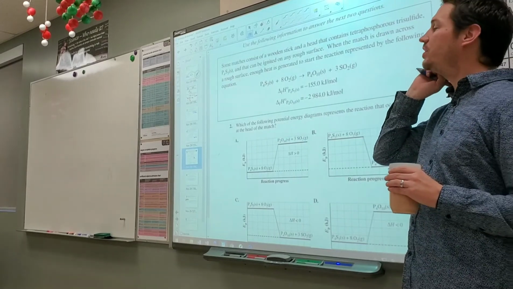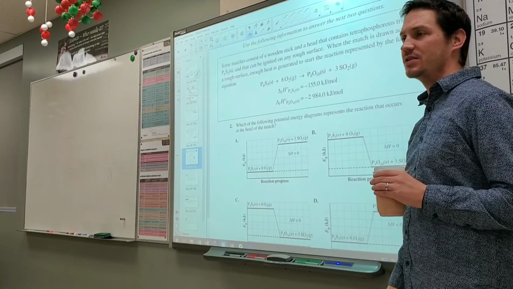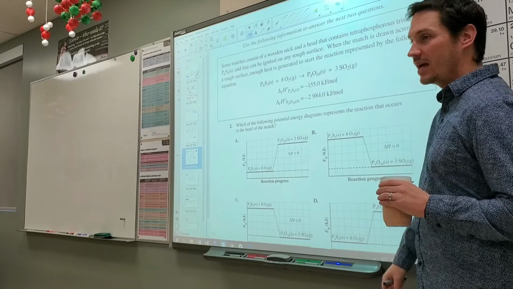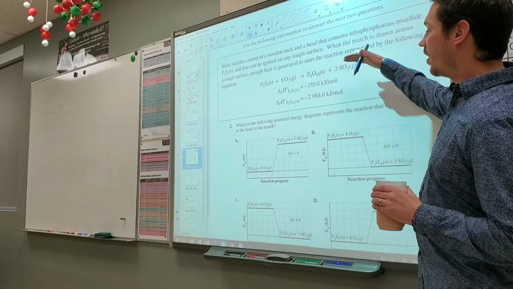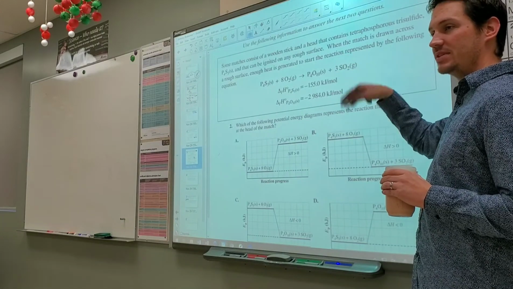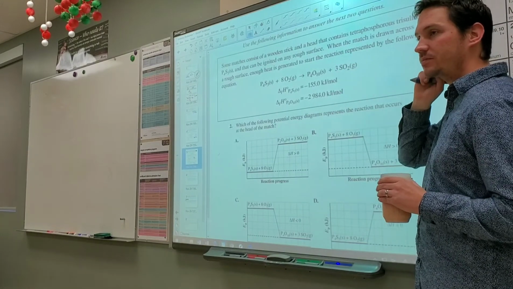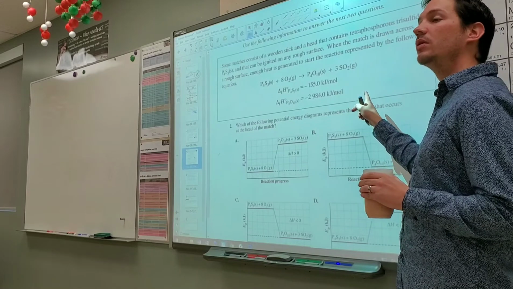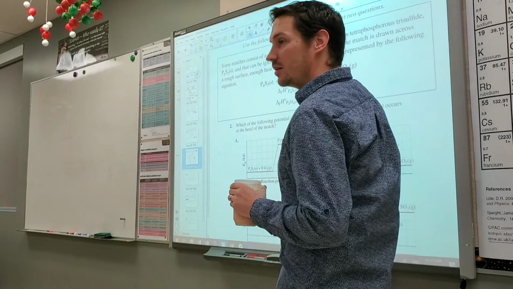What do you want to use in order to answer this question? Hess's law. So are there multiple different equations that we can add up these chemical reactions?